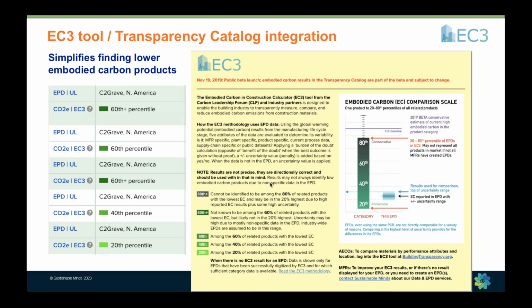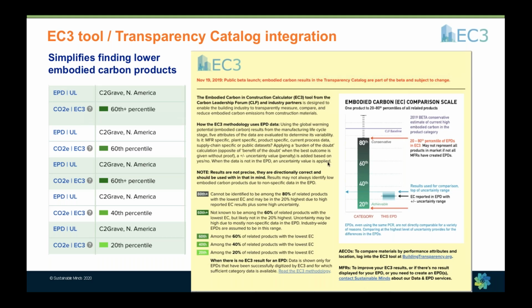And the result is not always indicative of a low embodied carbon product if the data in the EPD is non-specific, meaning if it was a multi-product EPD or multi-plant facilities rolled up into the single one. So again, it's directional information.